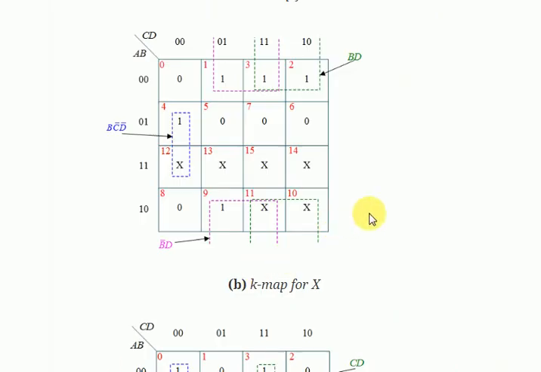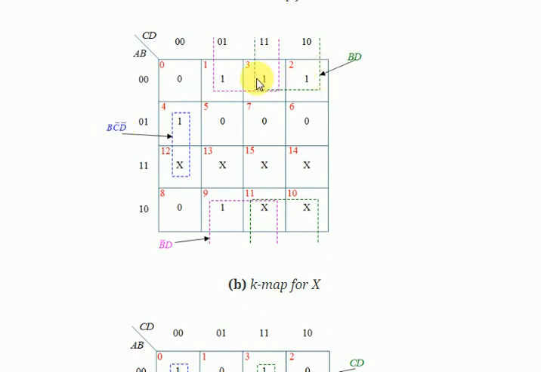First we have a pair at M4 and M12. Then we have a quad of M1, M3, M9 and M11, and another quad of M3, M2, M11 and M10.